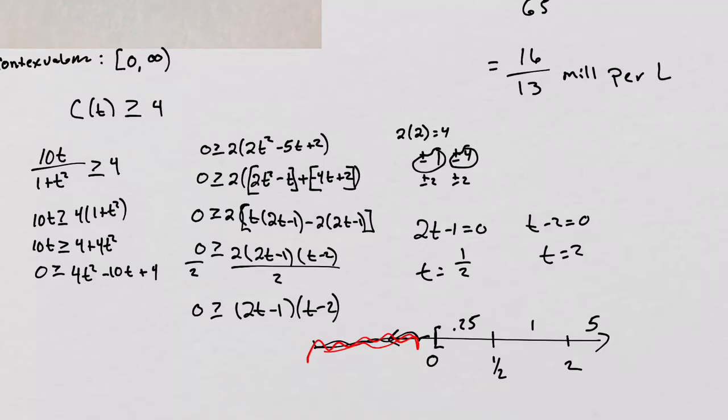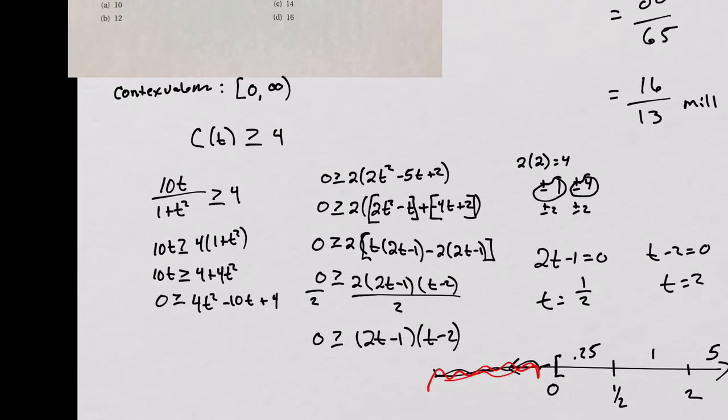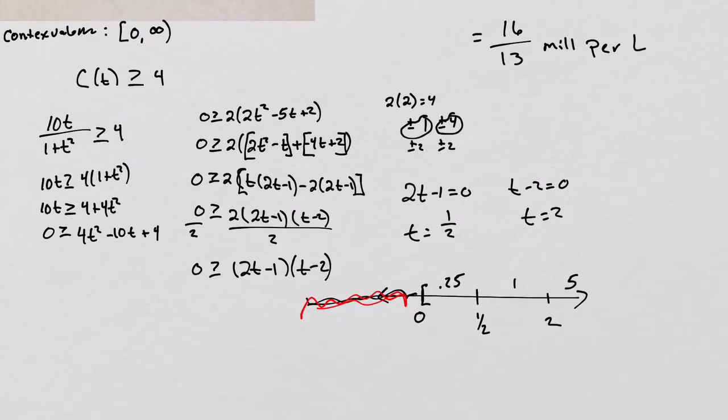Well, when I actually go in and I take these and I plug them back into my equation right here, I want to get a number. I'm going to have to evaluate this side has to be greater than 4. So when I plug 0.25 in, I get 2.35. Well, that clearly is not going to be greater than 4, so that does not work.